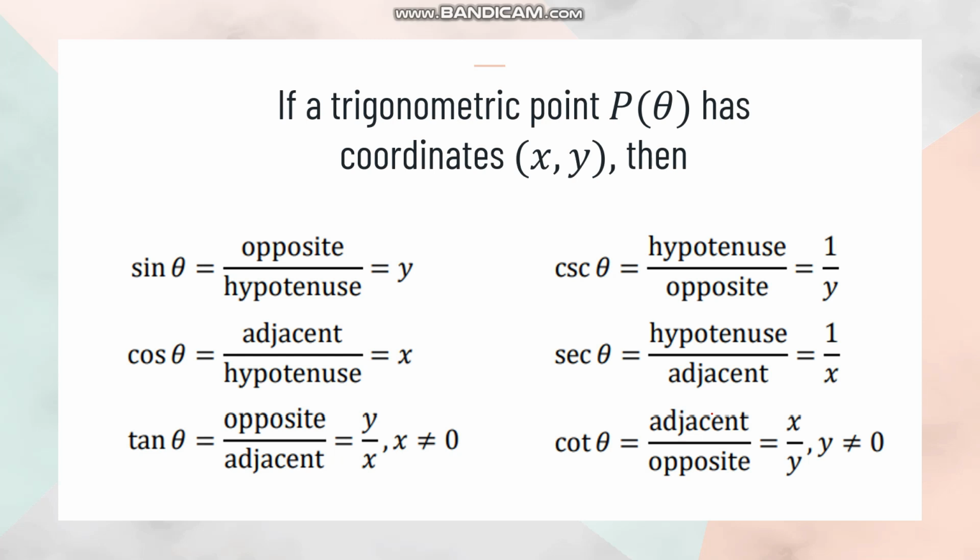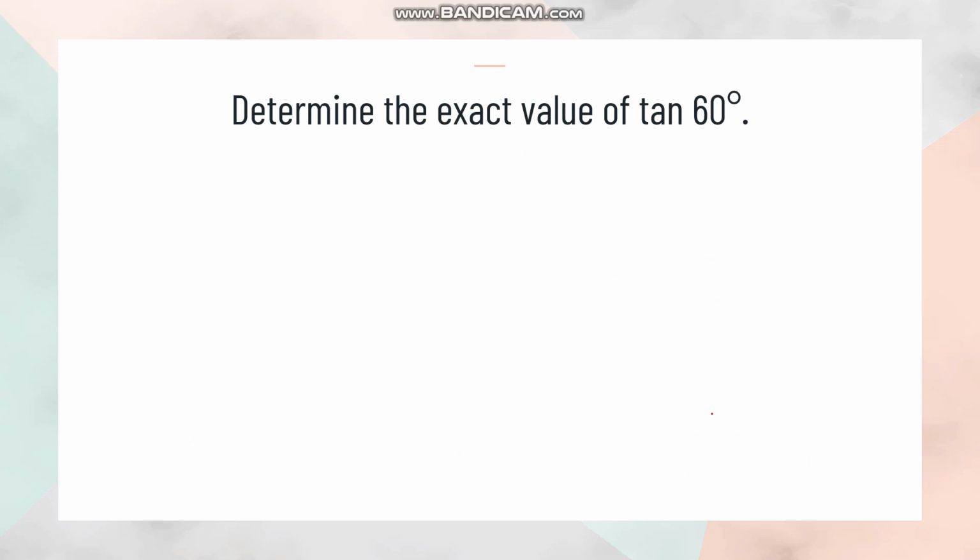So you just have to identify the terminal points or the trigonometric point for each angle, and you can use this to identify the trigonometric ratios. So let's say we have to determine the exact value of tangent 60 degrees. To identify it, we have to know first the terminal point or the trigonometric point for 60 degrees.